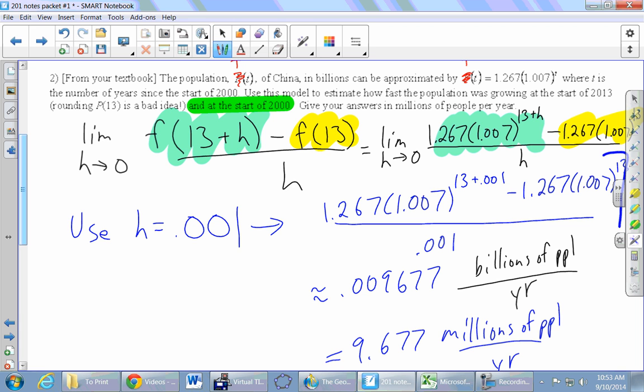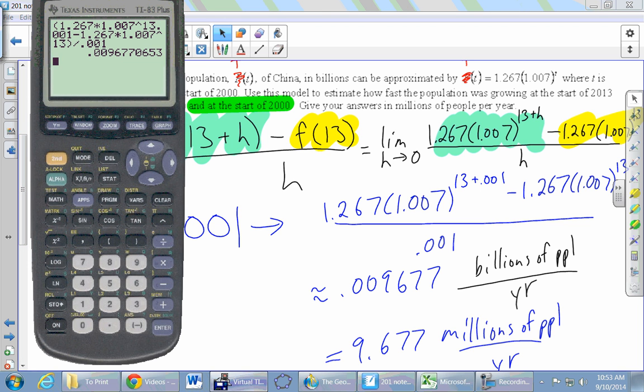Inside of this big long expression, what changes? These 13s both become zeros because 2000 was the year 0. So this is a really nice technique or trick on your calculator. If you do second enter, it will retype everything, and then you can just edit as opposed to starting from scratch. So what did we say? The 13s just become zeros.